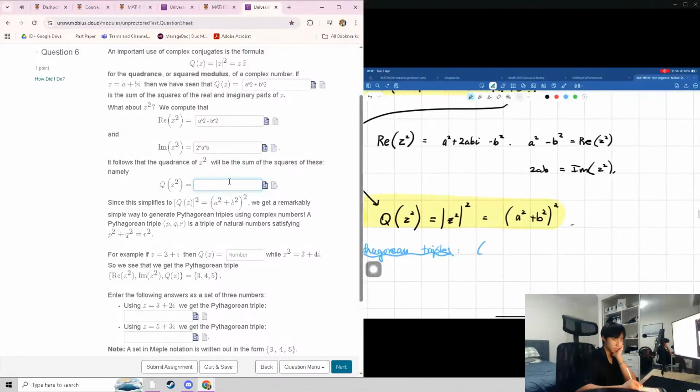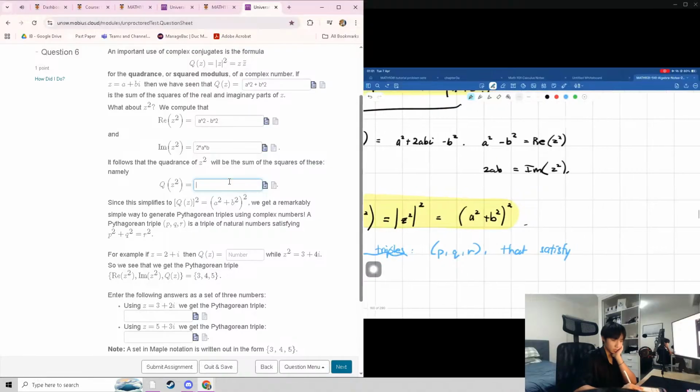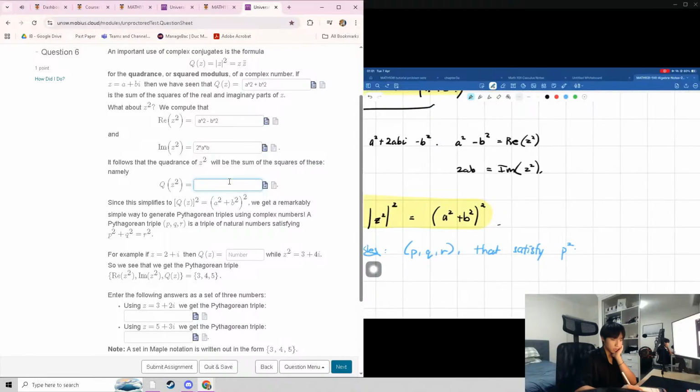PQR that satisfy p squared plus q squared is equal to r squared.